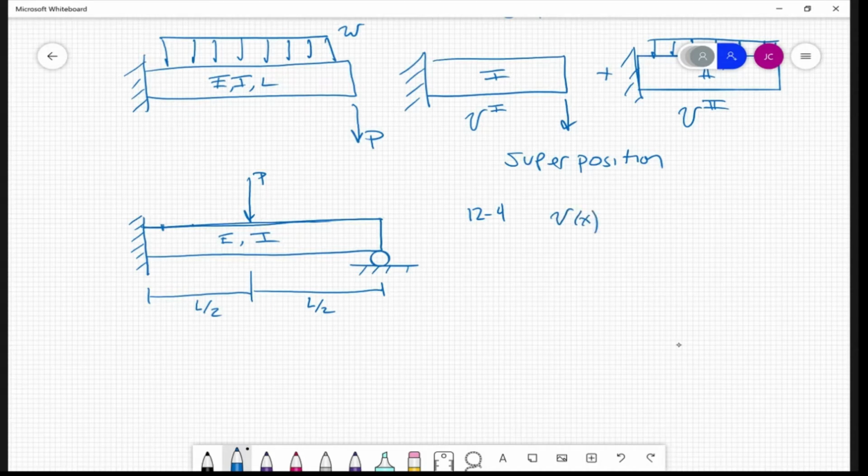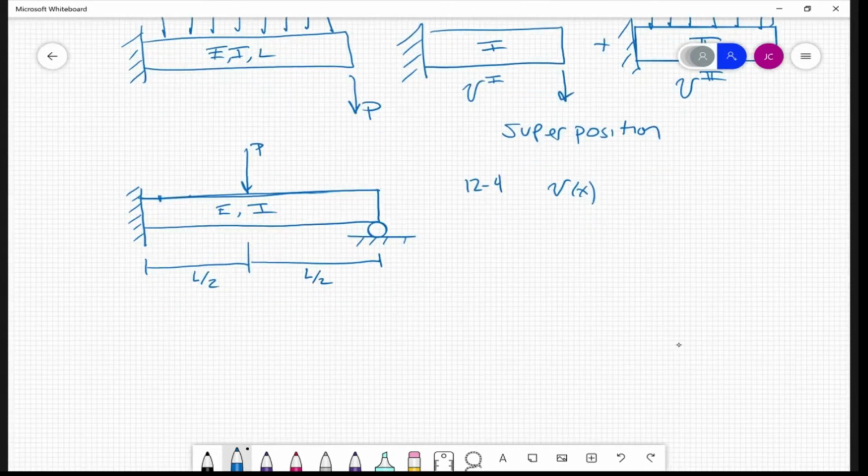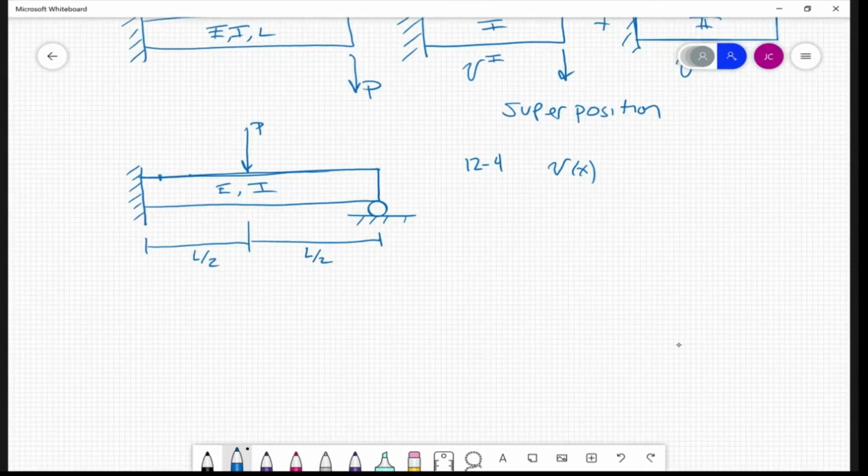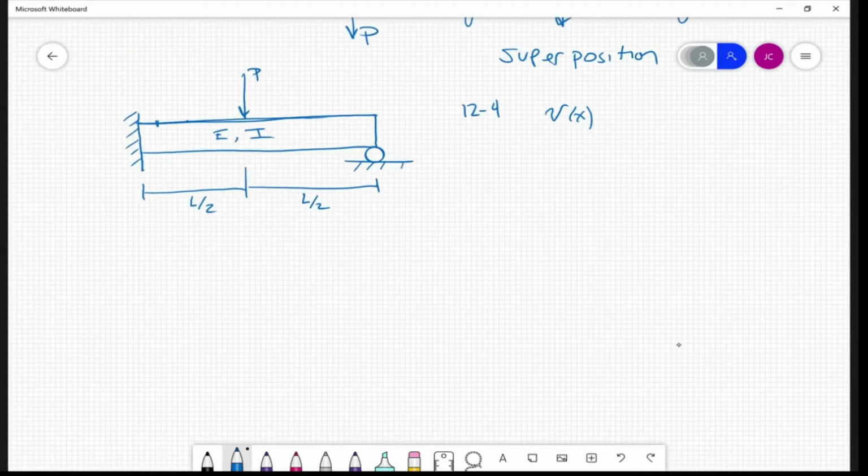All right, so now in this case, one way is to actually do the direct integration. Remember, first we get the shear diagram, then we integrate that, and we get the moment diagram, right? Which we did previously under the beam stuff, so that's nothing new.